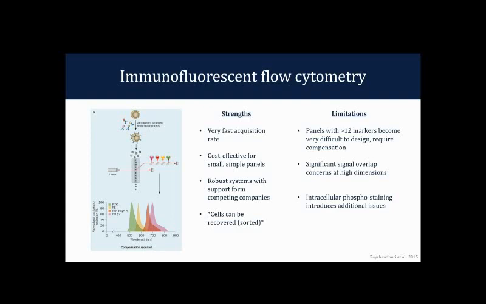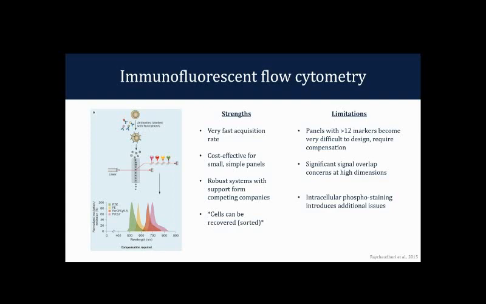It's quite cost effective for small samples, again due to the availability and history of commercialization in this sector, and because of that, we also have a very robust system for support. And last but not least, the really awesome thing that I continue to be jealous about with flow cytometry, especially when I'm atomizing my cells, is that the cells can be recovered. So sorting is still a very defining and useful tool for flow.